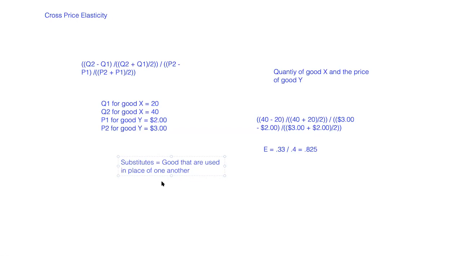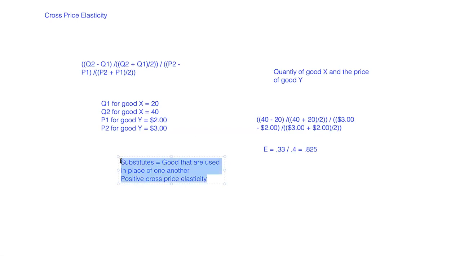Some people prefer coffee, some people prefer tea, but they're two goods that you can substitute for one another. And substitutes have a positive cross-price elasticity. So in this case, we know that these two goods are substitutes.